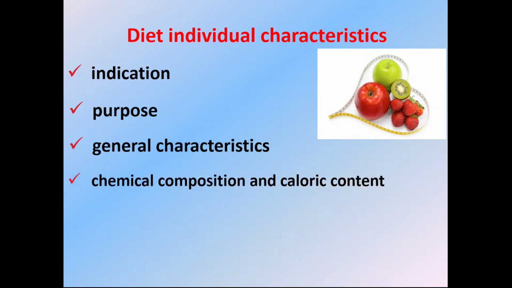We obligatorily pay attention to chemical composition and caloric content, especially if we recommend dietary treatment for a patient with obesity or cachexia. Any food must obligatorily be given with a definite regimen, optimally 4 times per day.